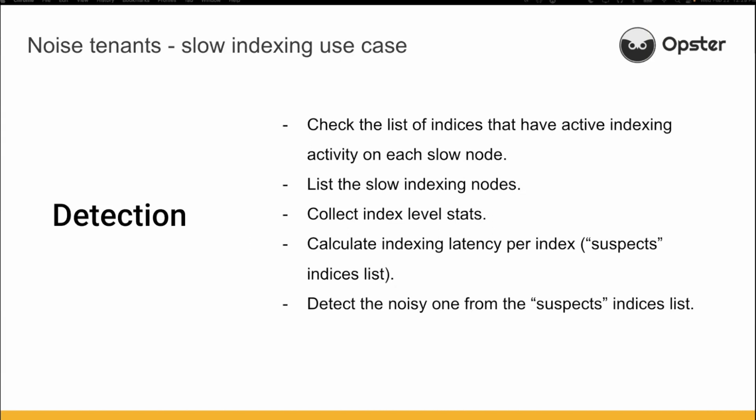And then detect the noisy one from the suspect indices list. You can get all the information you need from built-in monitoring or a Prometheus exporter, for example. Seeing the information in a chart is really useful. The only problem here is that the list of indices receiving requests can be huge. Also, when we say slow here, I mean slow when we are comparing one node with others. So yes, more metrics to investigate.